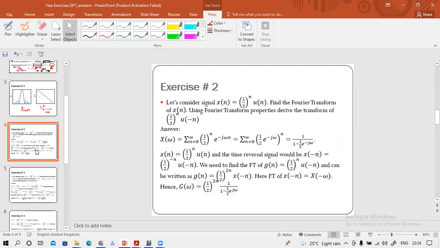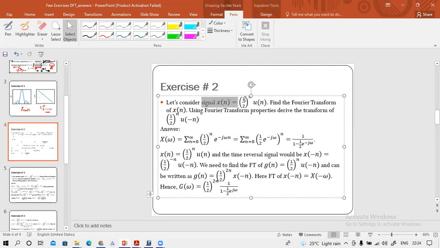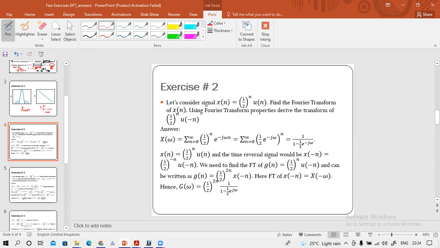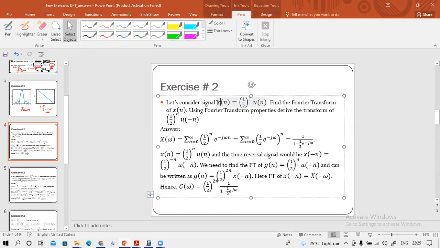So we will try to do this kind of question. I think this one is not much difficult. So we have x[n].